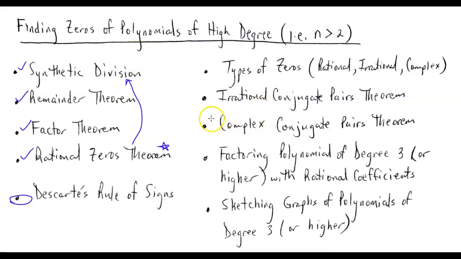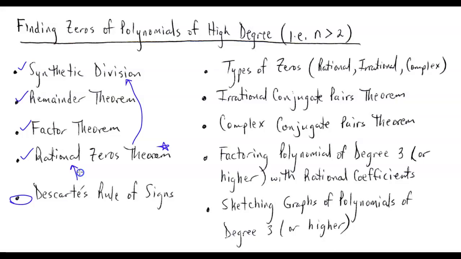It actually helps when we're applying the rational zeros theorem, because that theorem helps us know our possible zeros for a particular polynomial, and you may have a long list of them. The Cardinal rule of signs will say that out of all those, we have so many negative zeros and so many positive zeros.